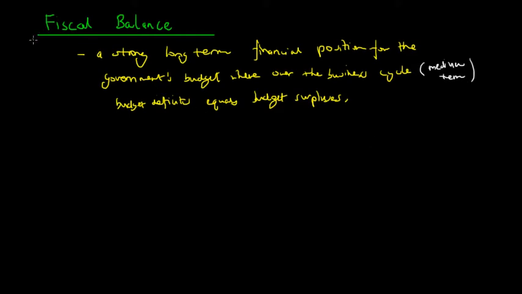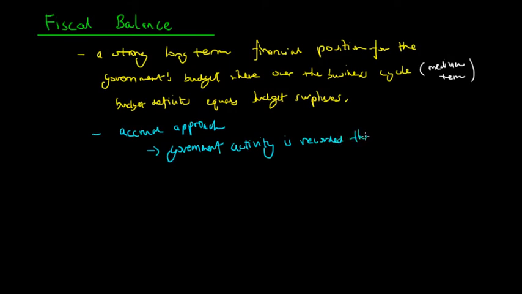Now, how the government determines the fiscal balance is through a method of accrual reporting. So it uses an accrual approach. And this is different from a cash approach in that economic activity or government activity is recorded the moment the transaction is completed.